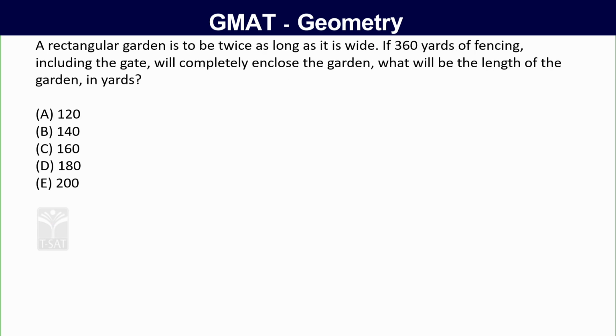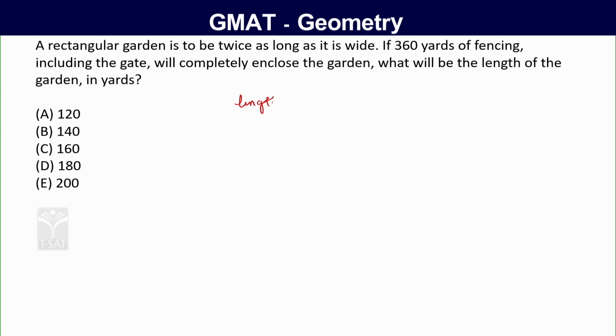So the question says, a rectangular garden is to be twice as long as it is wide. If 360 yards of fencing including the gate will completely enclose the garden, what will be the length of the garden in yards? So we are given that it is twice as long as it is wide.